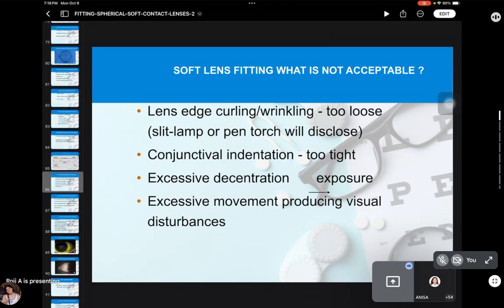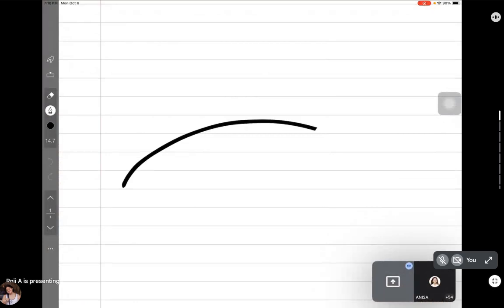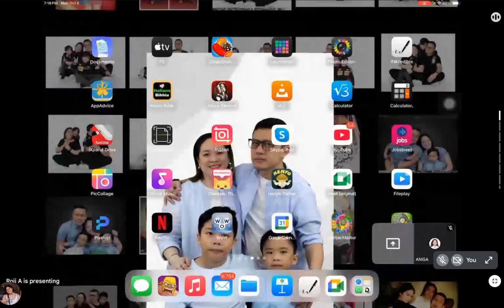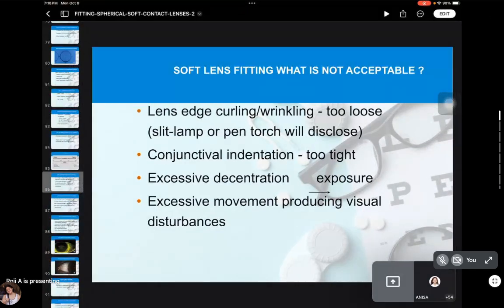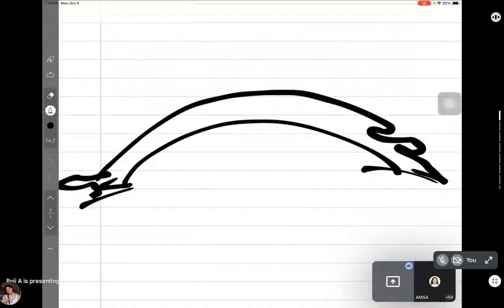So what is not acceptable? Curling or wrinkling. If your contact lens, as you wear them, ayun, nag-curl. Nag-curl na, ayun, nagpakulot. That's not good. Conjunctival indentation, meaning it's too tight. It's sucking. Nagkakaroon ng suction effect.